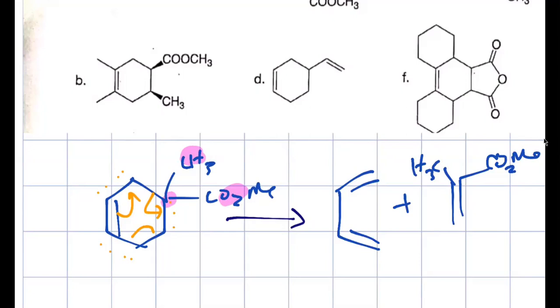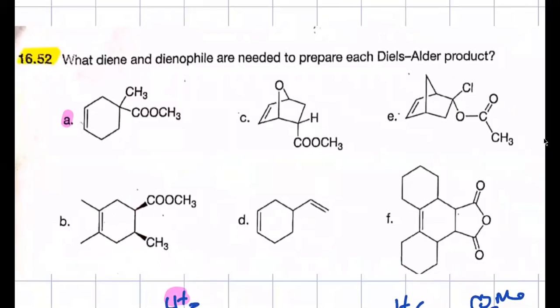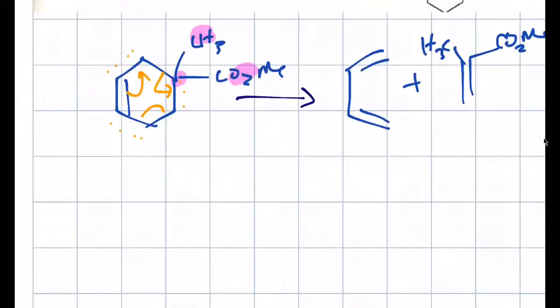All right. Let's do another one. Actually, let's do C. I'm going to turn C on this so we can see it in 2D. And that'll make it easier for us to deal with.